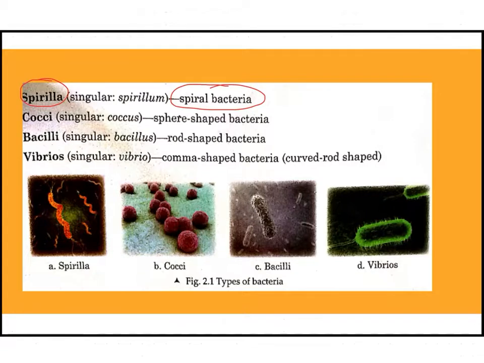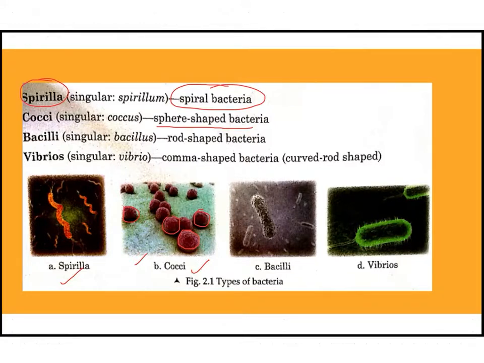As you can see in the first picture, these are the spiral bacteria. Second is sphere-shaped bacteria. Just look at the second picture. They are round in shape, and they are referred to as cocci. So bacteria which are sphere shaped are called cocci.